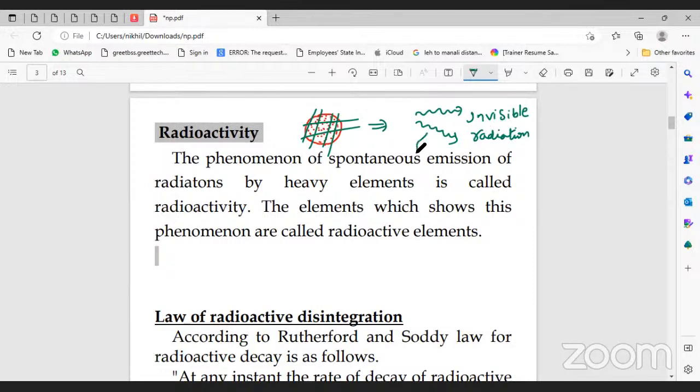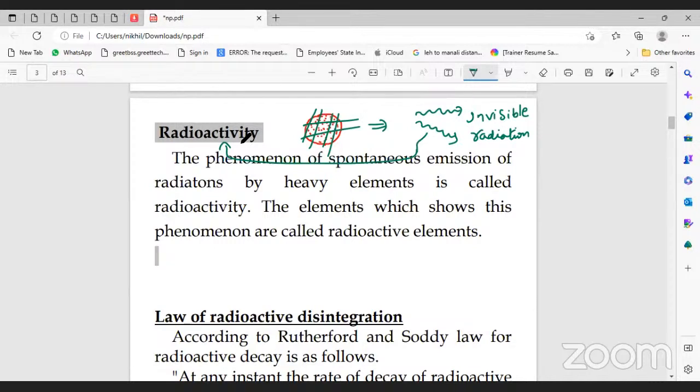So this phenomenon is what we call radioactivity. So radioactivity means when a heavy nuclei starts disintegrating into smaller nuclei, it will emit certain invisible radiation.